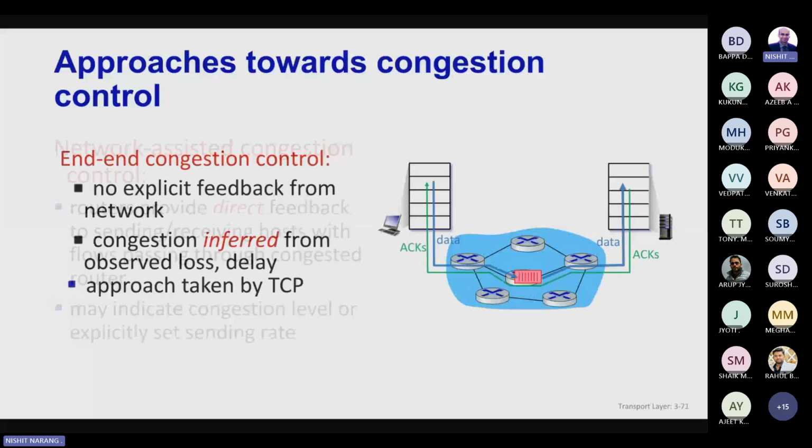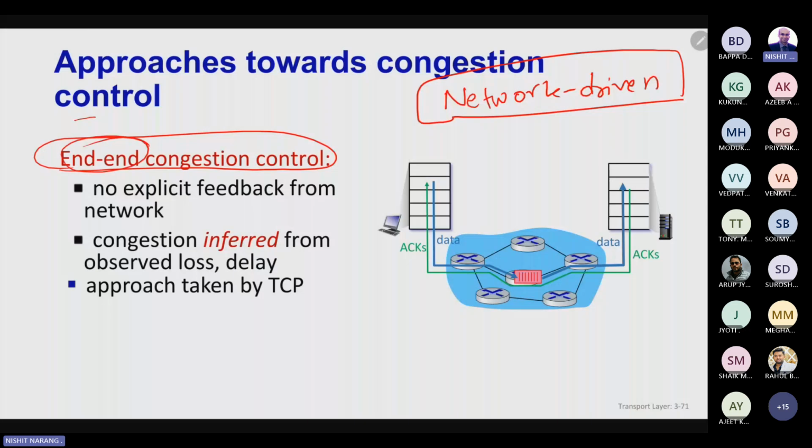We saw that TCP is an end-to-end protocol. It doesn't exist in the network. TCP sits on the source and it sits on the destination. So TCP doesn't wait for any explicit feedback from the network. It infers congestion from observed packet losses, loss of acknowledgements, and from the increase in round trip time.